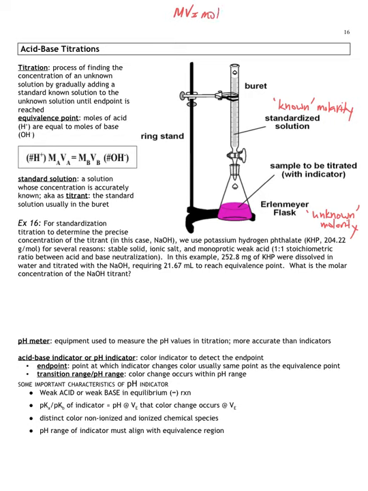Sorry, it looks like it's not written as equal to, so let's rewrite that. M times V equals moles. So if you have acid here, you're talking about the moles of acid on one side, and likewise, the moles of base on the other.